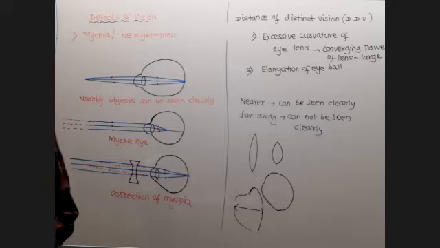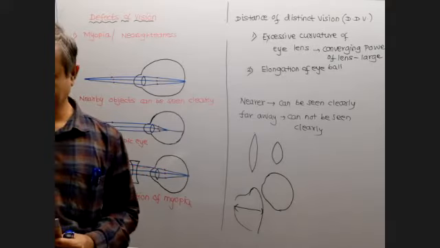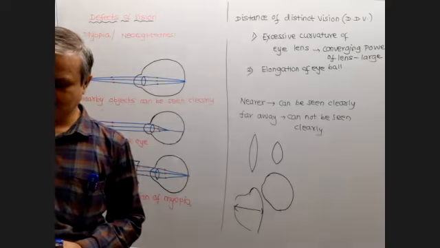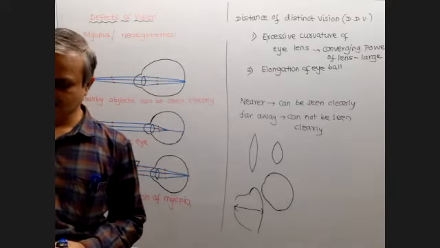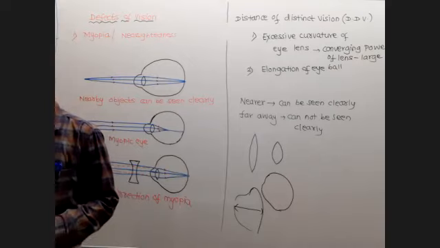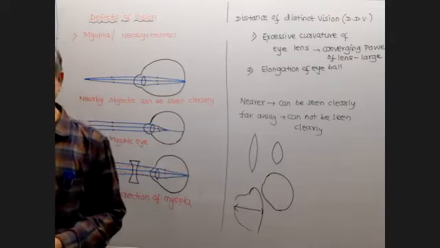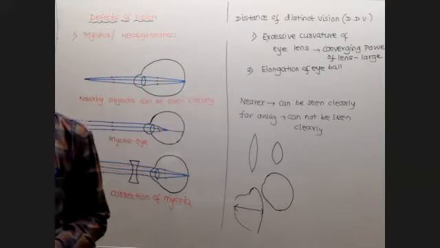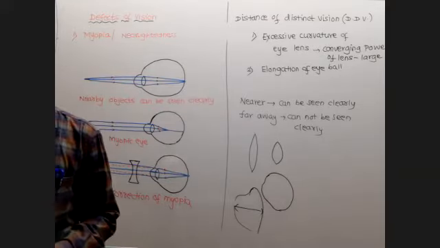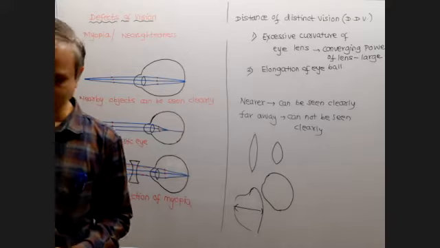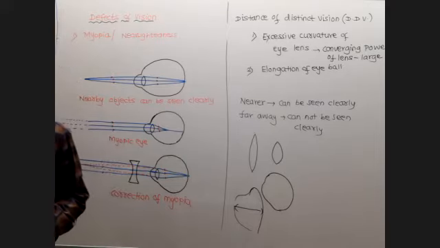Third point: the person with this defect has the far point nearer than infinity.